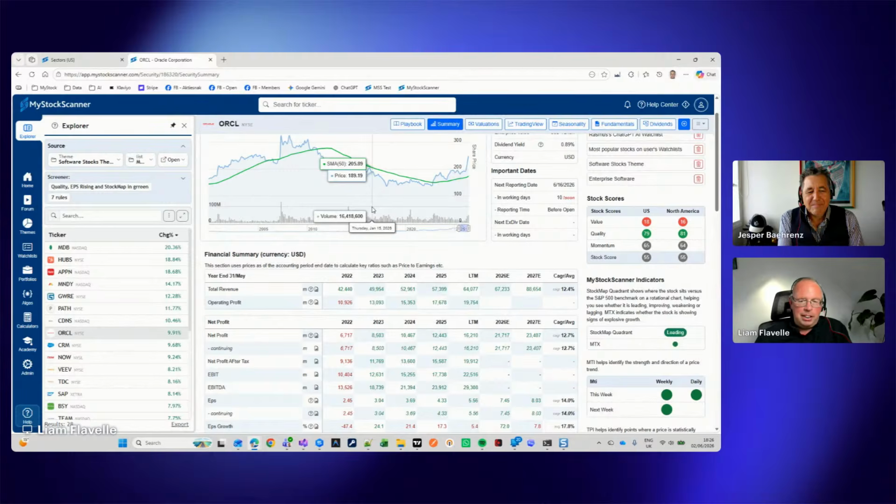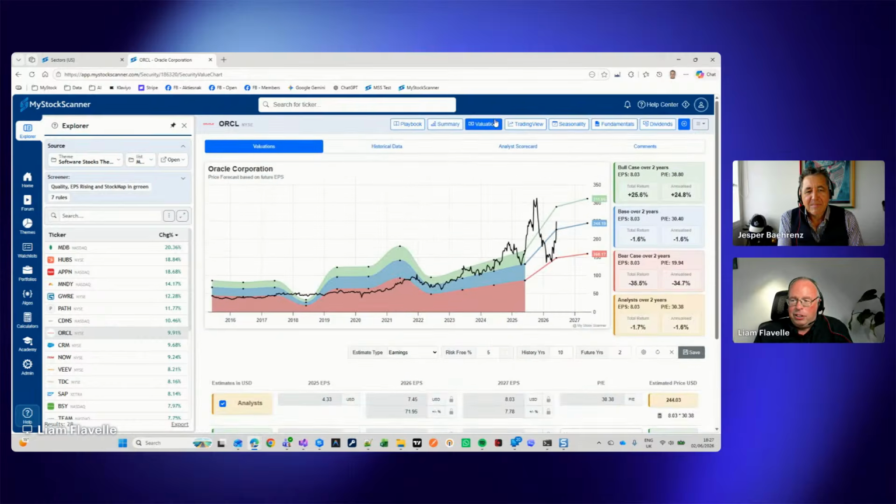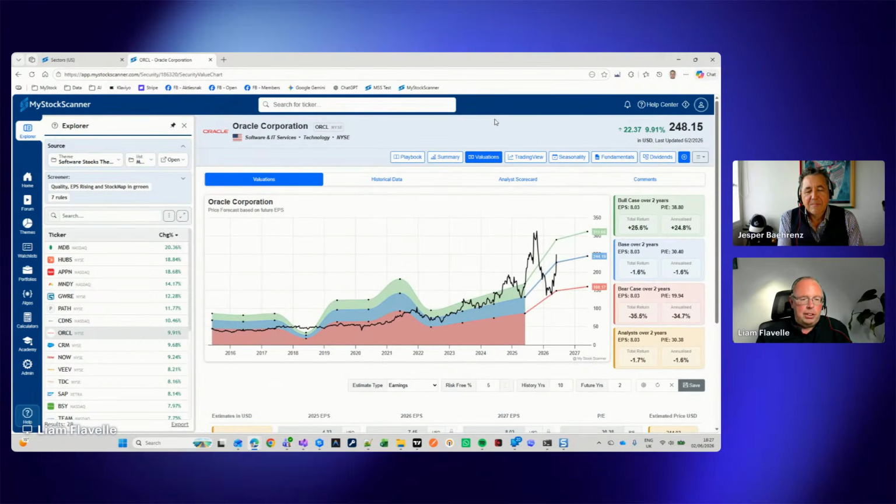Within a few days, the stock map is just something you can't walk away from. In the same way, the value chart. Just looking at the value chart and seeing, is this cheap? Is this expensive? It's the sort of thing you train yourself into at a glance. No, I'm not going to go near that at the moment because it's way too expensive. Why would I touch that?